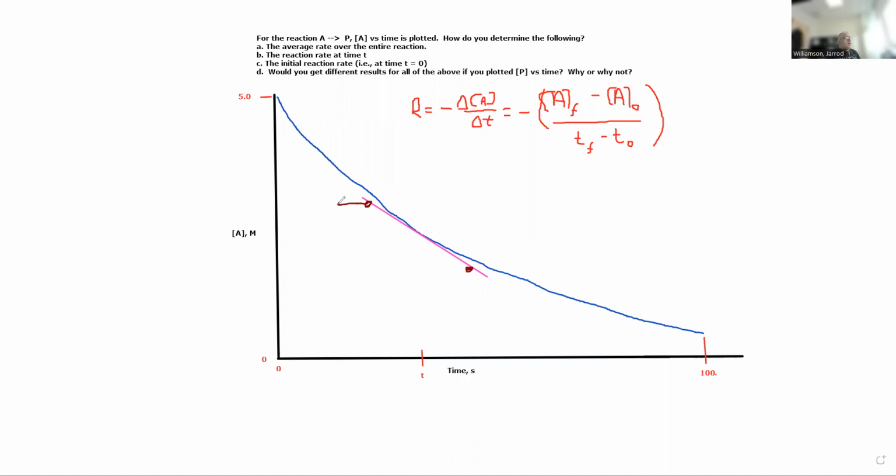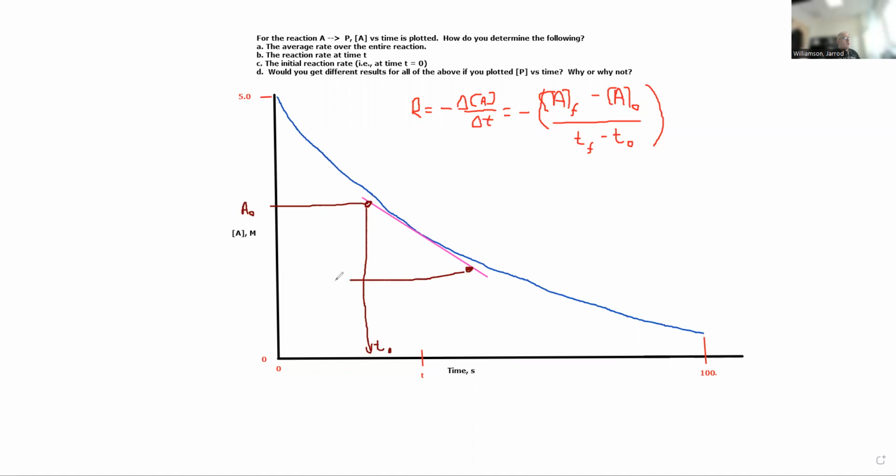And we're going to call this A initial, whatever value that is. And this, draw straight down to be T initial for this tangent line.